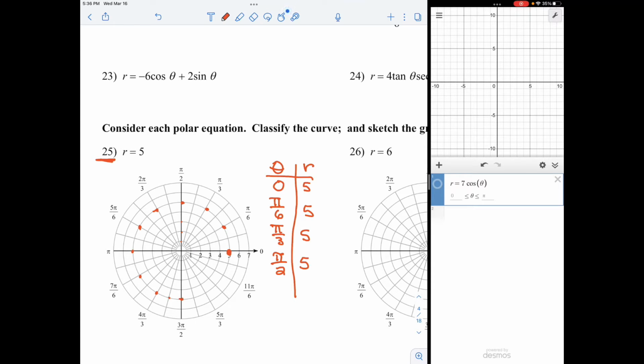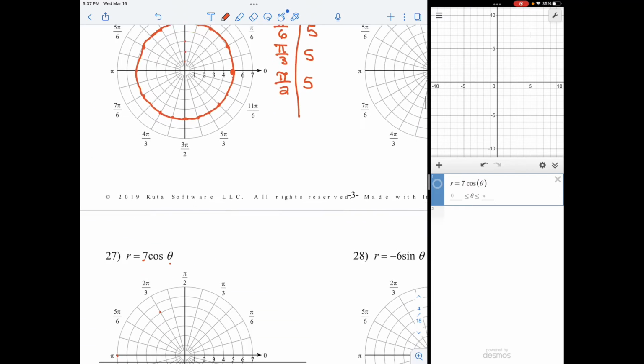And it's going to look like this. Sketching is not my strong suit, so please forgive the way this circle will look when we're done. So there we go. That is what that graph would look like.